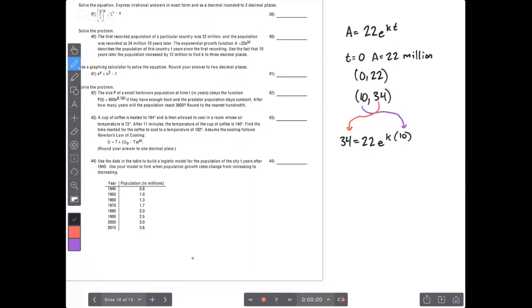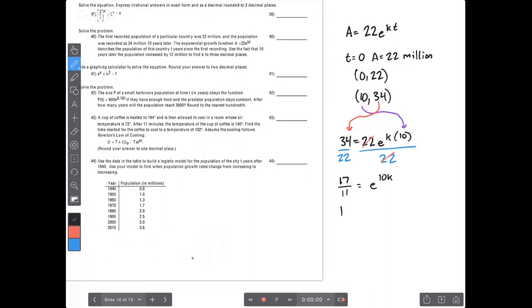So the first thing I'm going to do if I'm solving for k would be to divide by 22 on both sides. 34 over 22 is what? 17/11ths? 17/11ths equals e to the 10k. And then we can rewrite as a log statement.